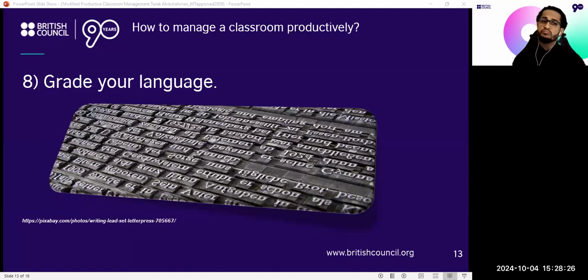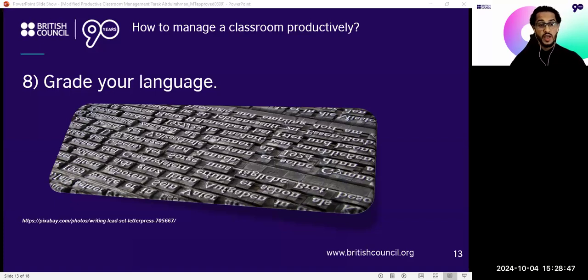Okay. In contrast, if we don't grade our language, what do you think that our students would feel? How would they feel if we don't grade our language? Confusion. They will lose focus. They will lose purpose. Lovely.